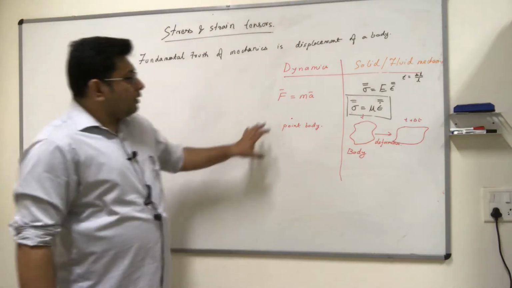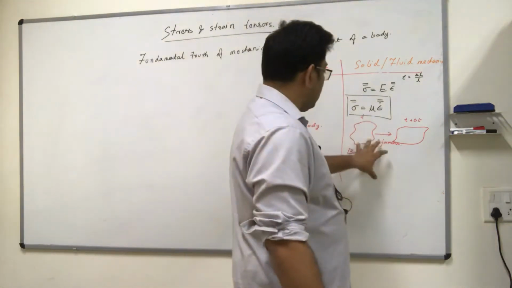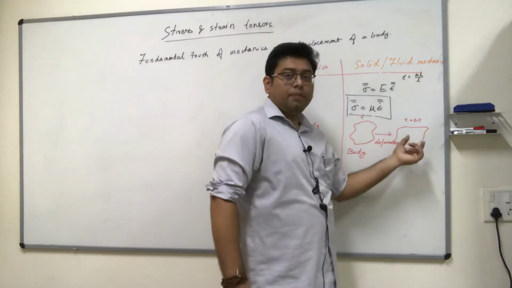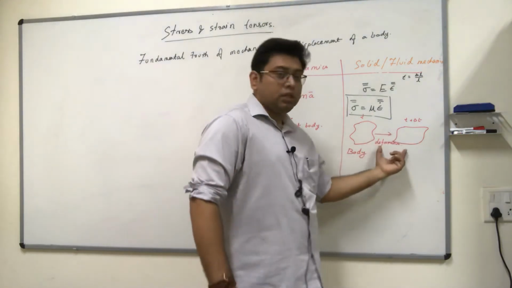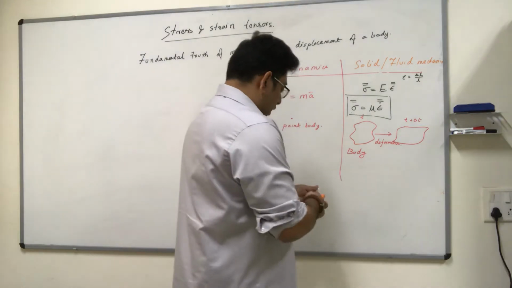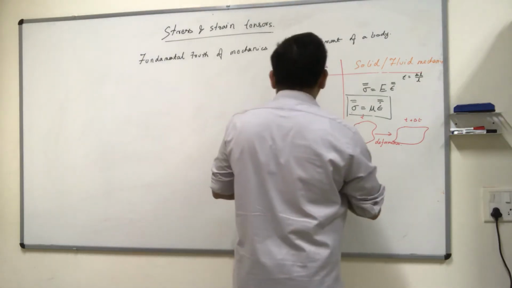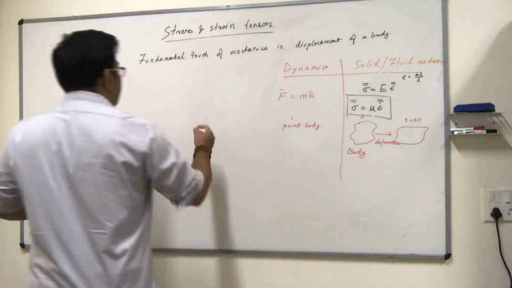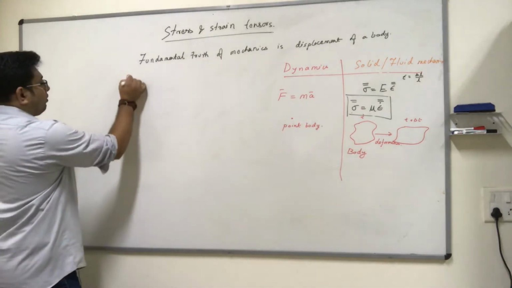Okay, so our basic point is that we now have to keep a tab on deformation inside the body itself. So if you have a small element, our basic idea is deformation.